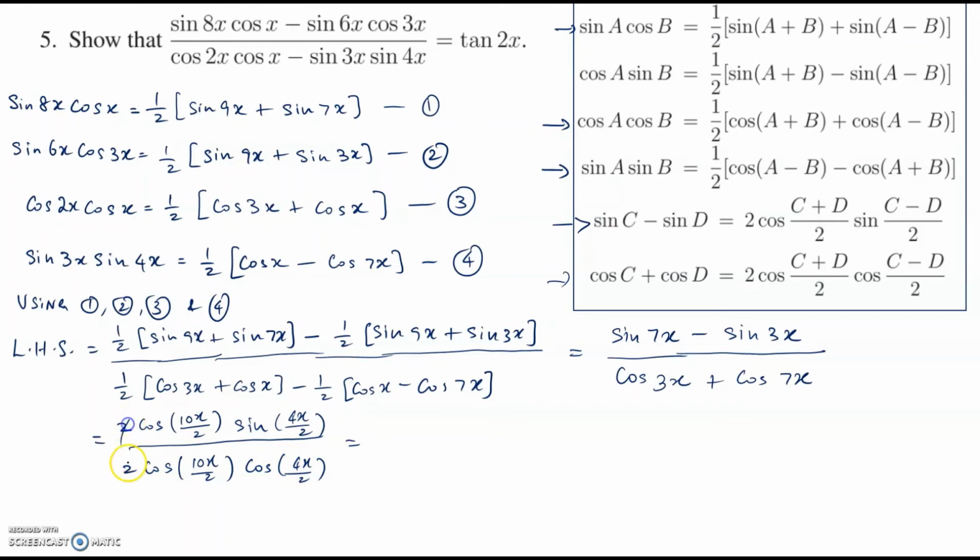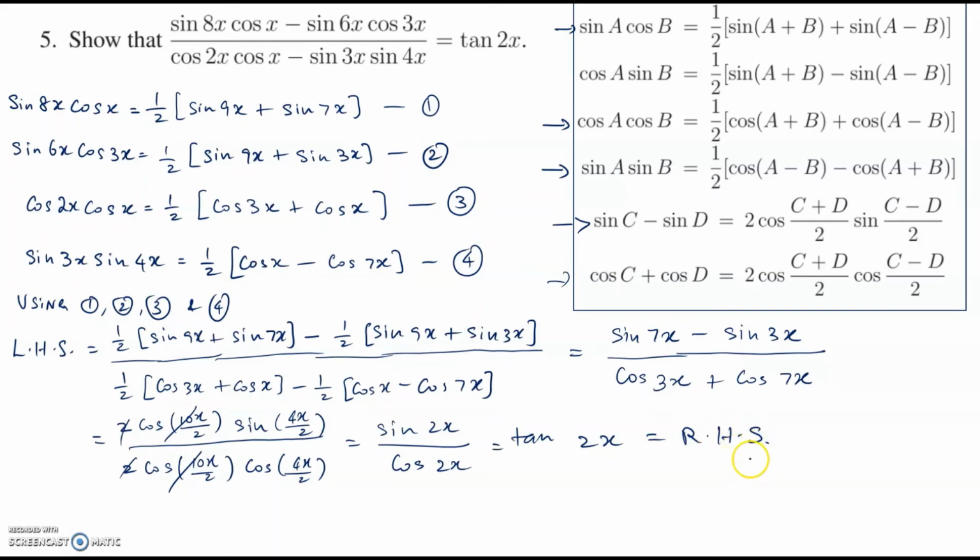So these two 2's will disappear, and these two expressions are the same, they'll disappear. So you're left with sine 2x divided by cos 2x, which is nothing but tan 2x, which is equal to RHS.